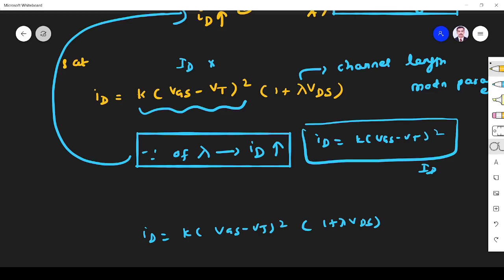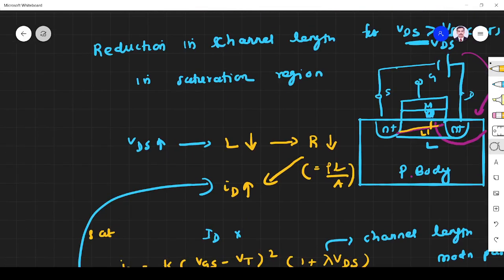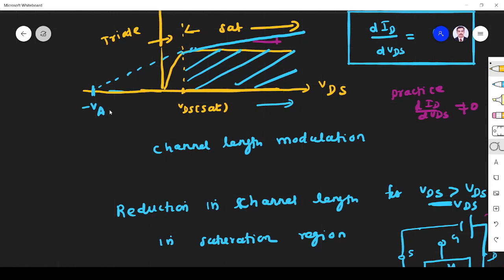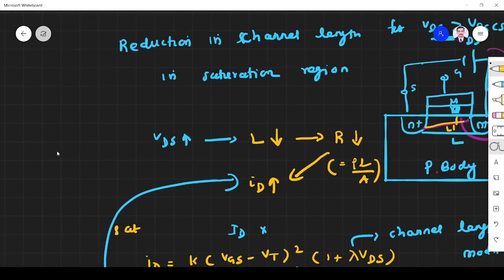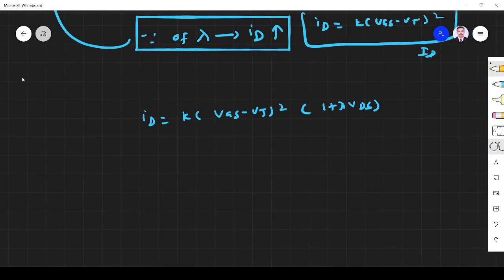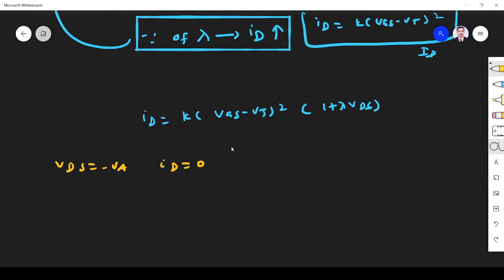At VA, when VDS is equal to minus VA, ID is equal to 0. So substitute that here, and this implies 0.